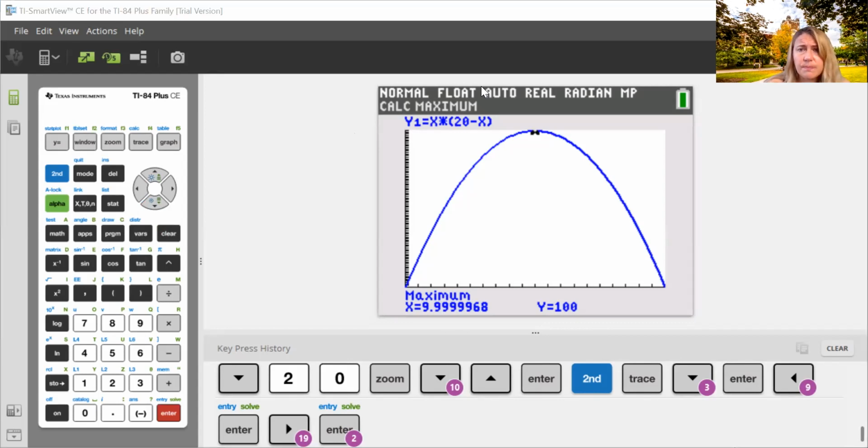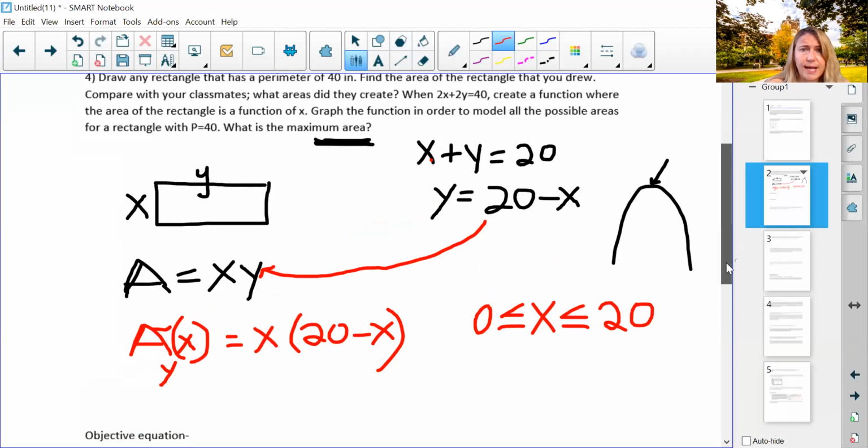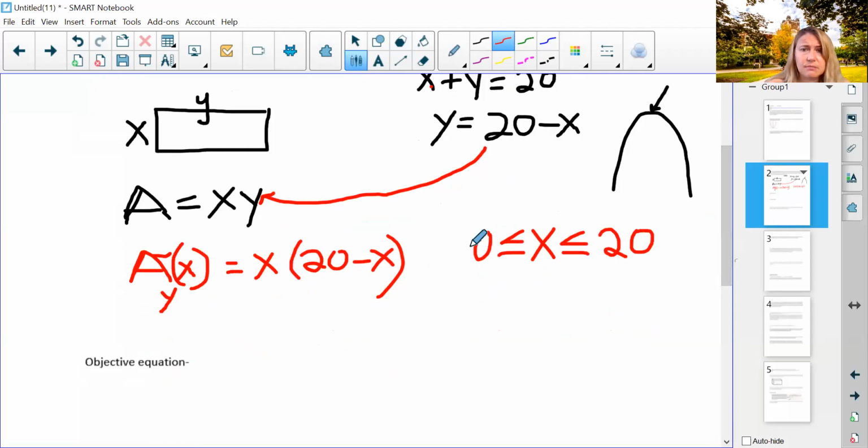So going back here and just finishing off the problem. So I got X equals 10. And Y is 10. The dimensions of the rectangle are 10 by 10, right?